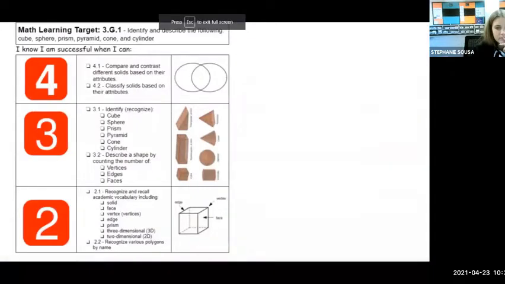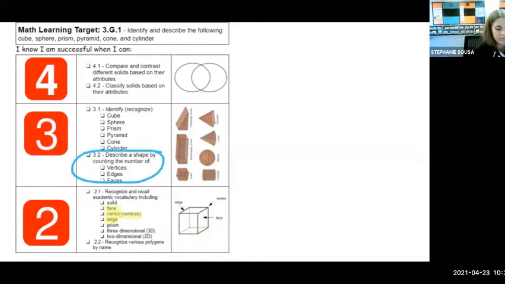Today, we will start by focusing on some vocabulary like face, vertex and vertices, and edge. Then we will use that vocabulary to describe a 3D shape, and today we are also going to start identifying these types of 3D shapes.